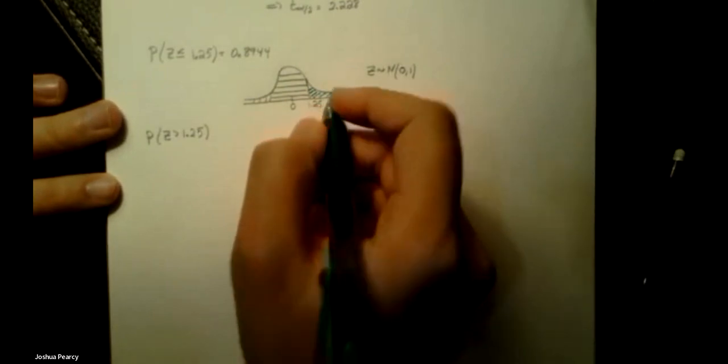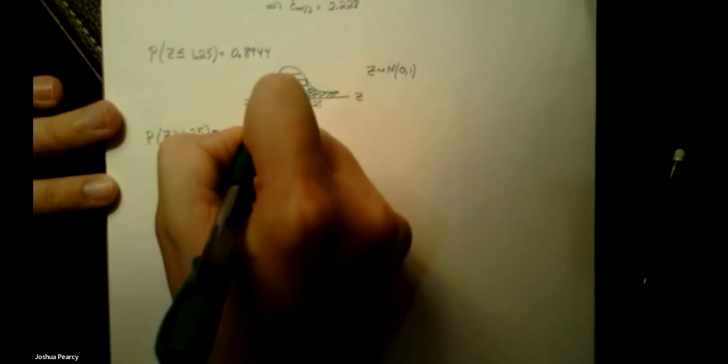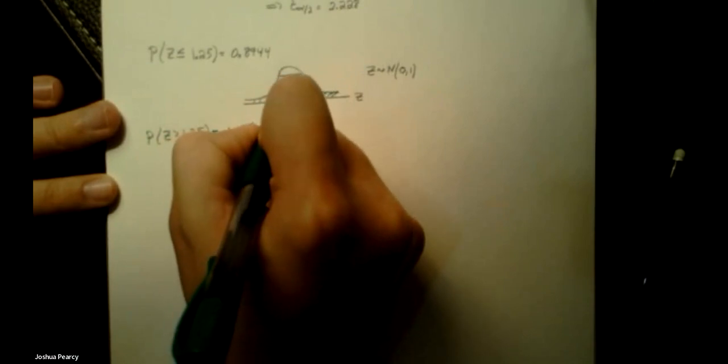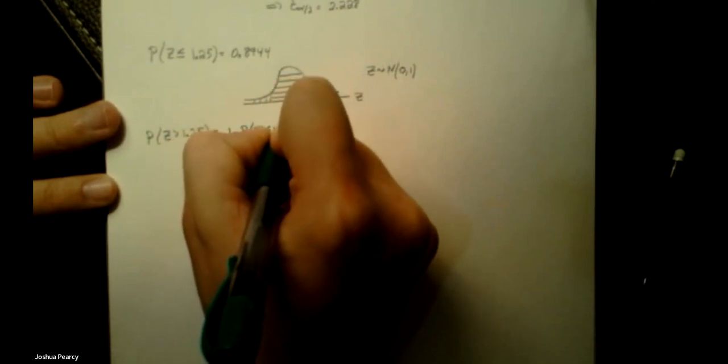Then to find the area in the green, all you do is take 1 minus the area to the left. So 1 minus the probability of z being less than or equal to 1.25. And in that case, we already found it.